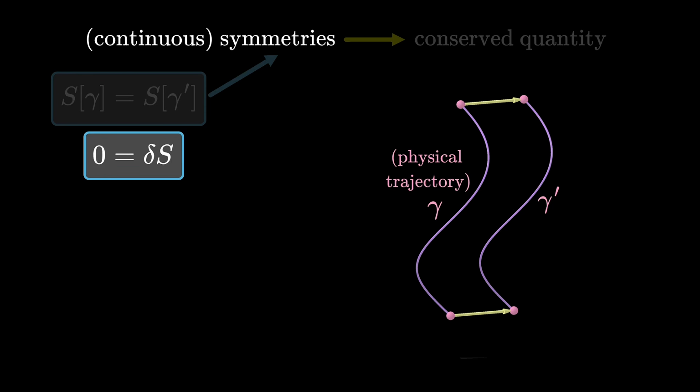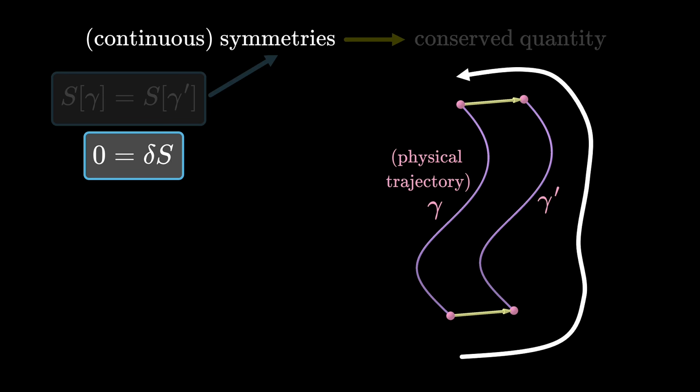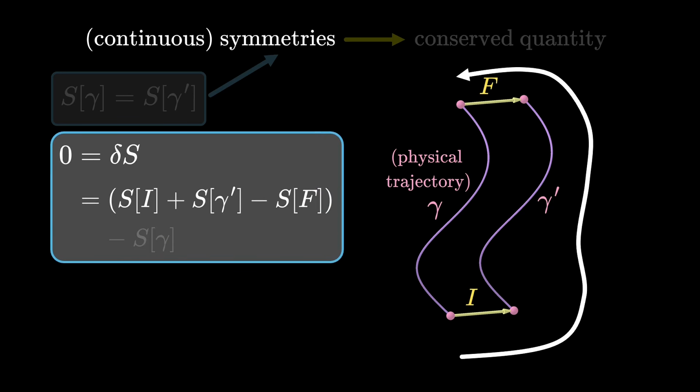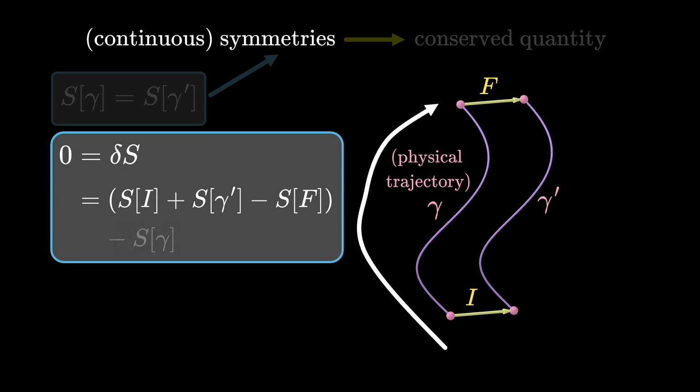In this case, delta S is the long way round minus the original path gamma. In equation form, the long way round is the action along I plus action along gamma prime minus action along F, minus because F goes in the opposite direction. Then, we subtract off the original action along gamma.